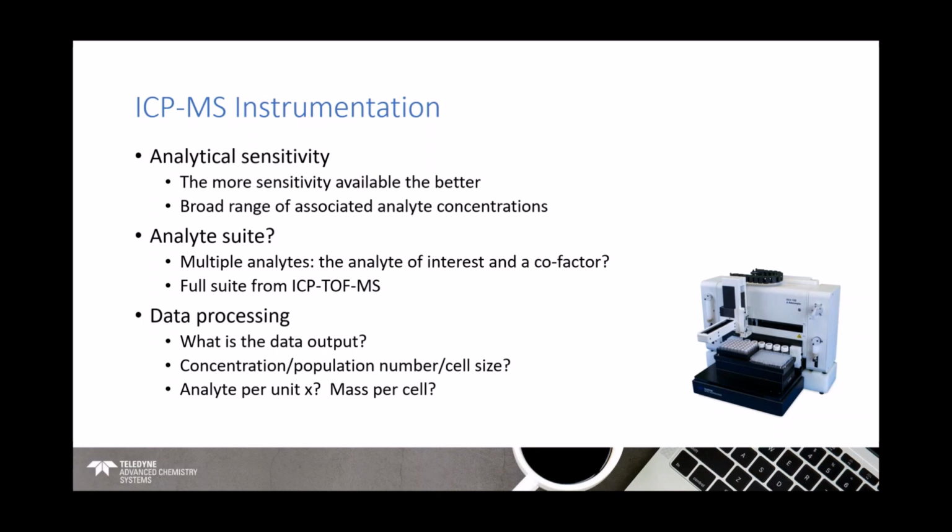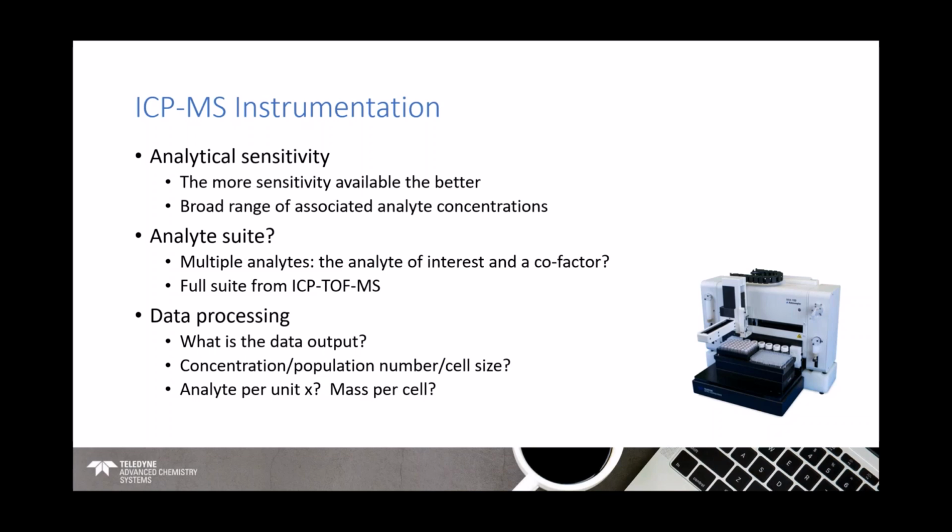That could be concentration of analyte per population of cells in your sample, or it could be something like the mass of analyte per unit, whatever it is you're interested in. So the mass of an analyte per cell, the mass of an analyte per population. It depends on the kind of data that you want to generate from this. So there's a lot that can be taken out of this process, this analysis.